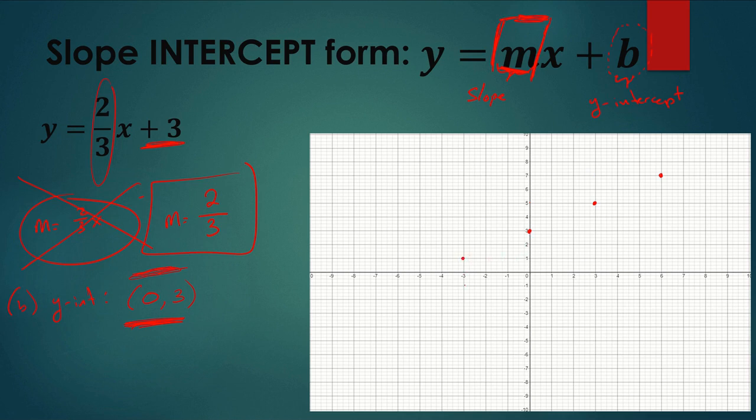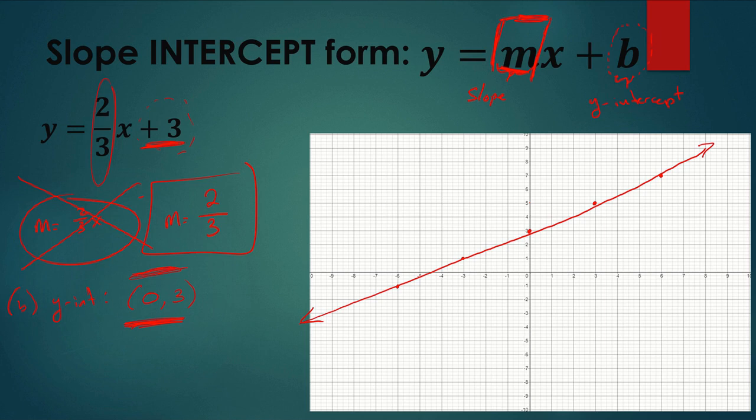And we repeat, down 2, left 3. All right, don't judge my line. It's very hard to draw a line in this. Let's pretend that's perfectly straight, okay? And that's how you graph it.